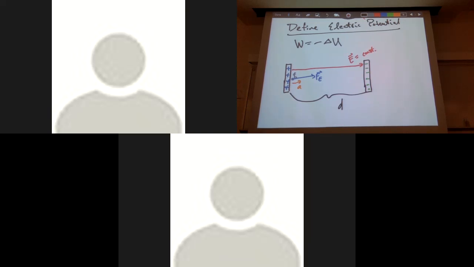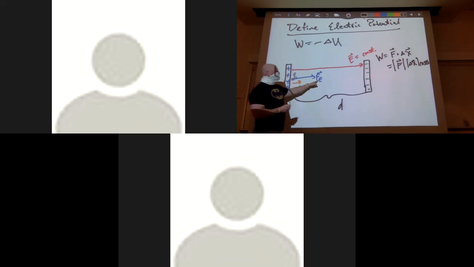So what happens here is that the electric field, via the electric force, is going to do work on the charged particle to move it from this plate to the plate over here over the distance d. Let's recall that work is equal to, in the case of a constant force, force dotted with the distance it moves, which is equal to the force magnitude times the magnitude of the distance times cosine of the angle between the two.